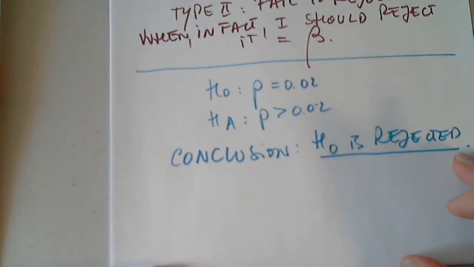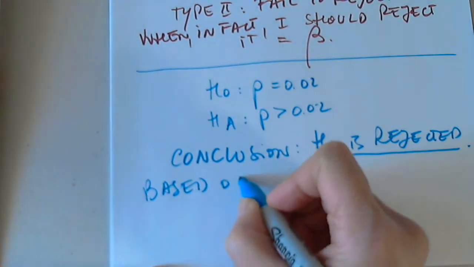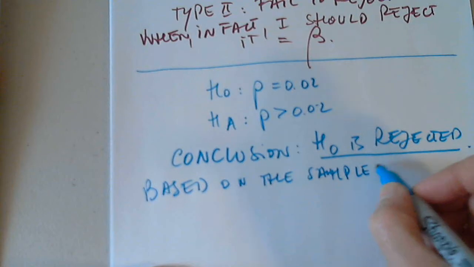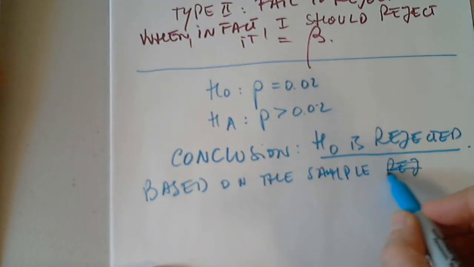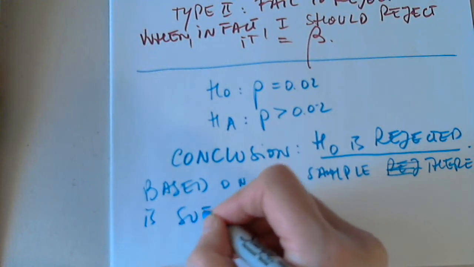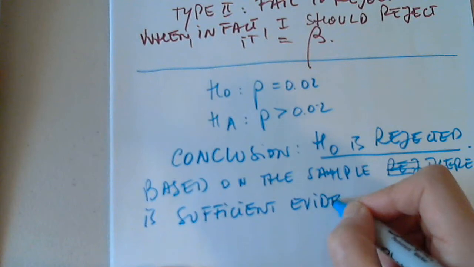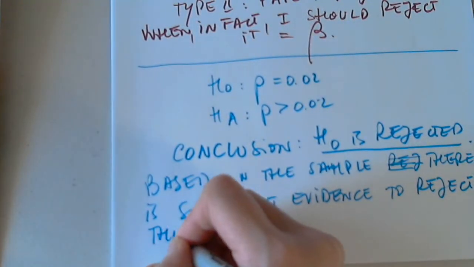Here's how I write the conclusion. Based on the sample, reject. There is sufficient evidence. I need to put that in. There is sufficient evidence to reject the null hypothesis.